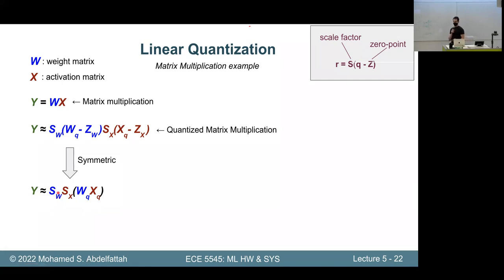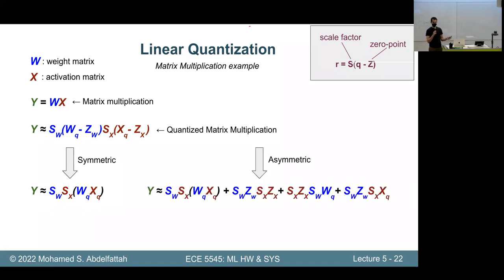And so what happens in the asymmetric case? Here in the symmetric case, the overhead is quite small because I have just one constant scalar value that I need to multiply with all the numbers after they come out of the quantized multiplication. So this scale factor is here. But for asymmetric, I basically need to multiply out this equation because my 0 values are no longer 0.